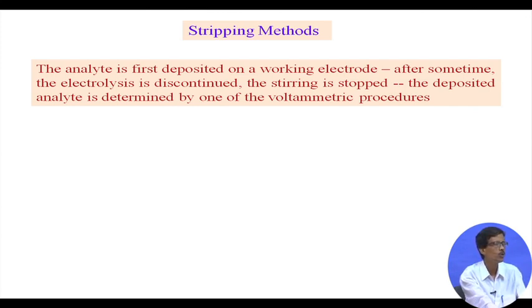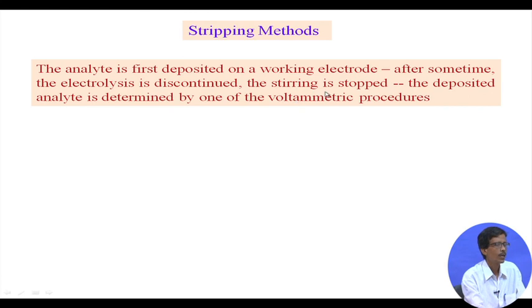Now, that analyte can be allowed to deposit on the electrode surface by passing electricity. You allow some time, because the deposition will take some time, and after some time the electrolysis is discontinued. So, you stop the electrolysis once you have passed the electricity for some time and allowed the analyte to be deposited, either through oxidation or reduction.